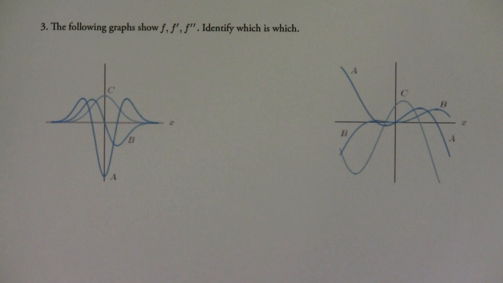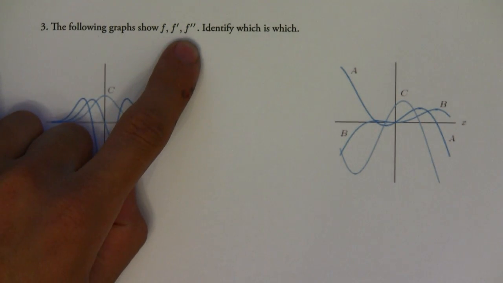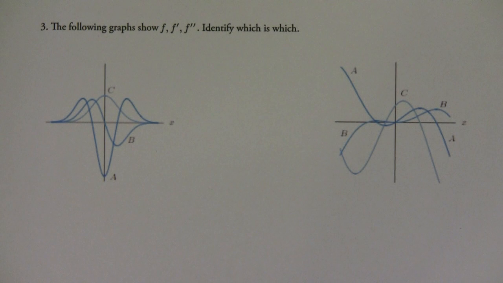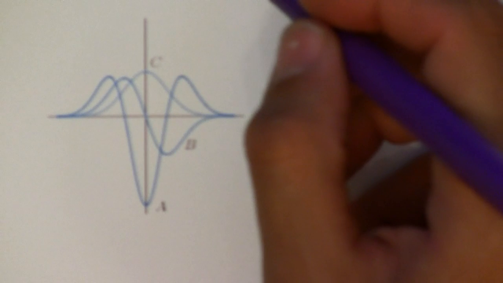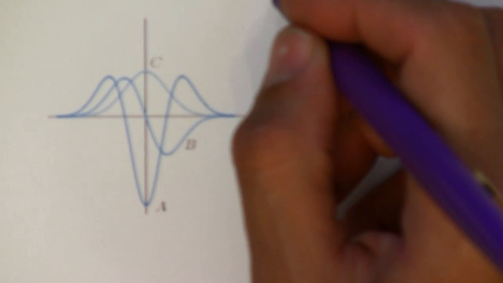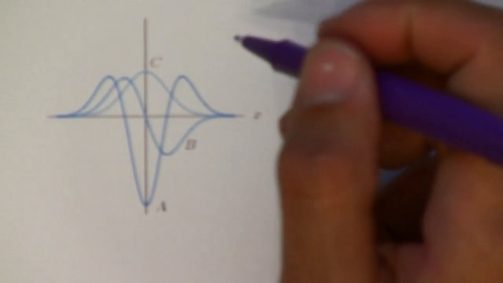Okay, so in this problem we're trying to figure out which one is the function, the first derivative, and the second derivative. And the easiest way to tell is by looking at where the original function has flat spots, because you know that its derivative has to equal 0 there.